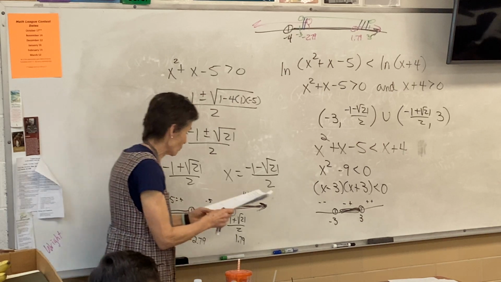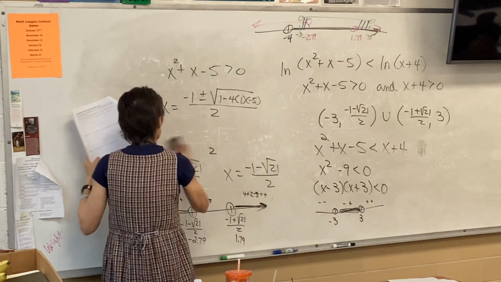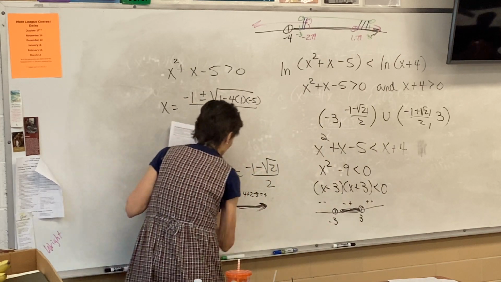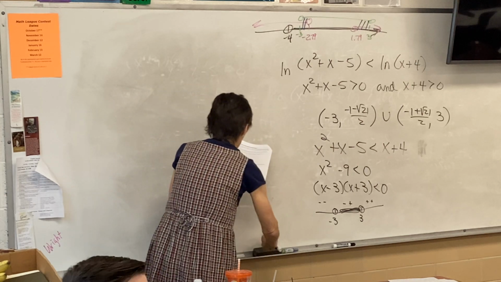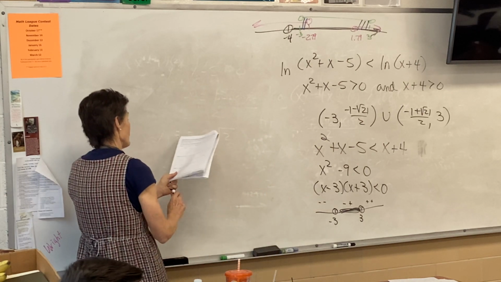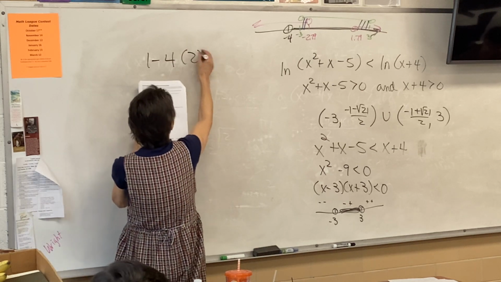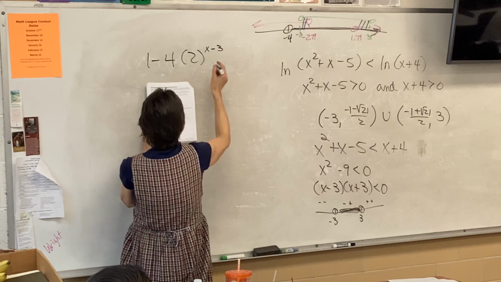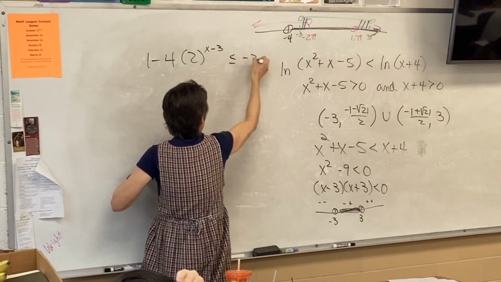All right, last one. What are all the values of x for which k is less than or equal to -31?